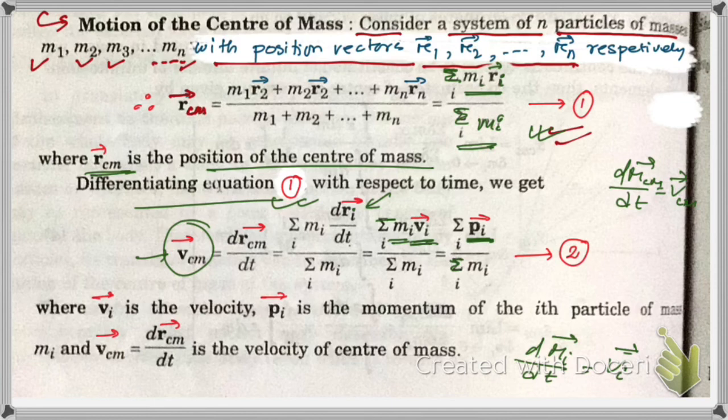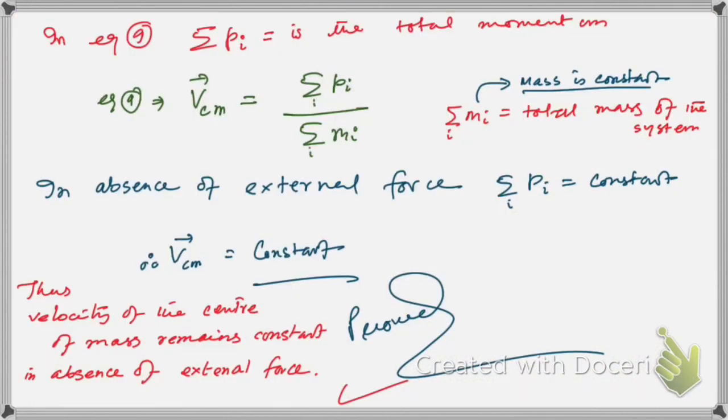Now you see, vi is the velocity and pi is the momentum of the ith particle of mass mi. V_cm is the velocity of the center of mass. Now let's move on to the next slide. From equation number 1 we have got the summation of pi, which is the total momentum, right?